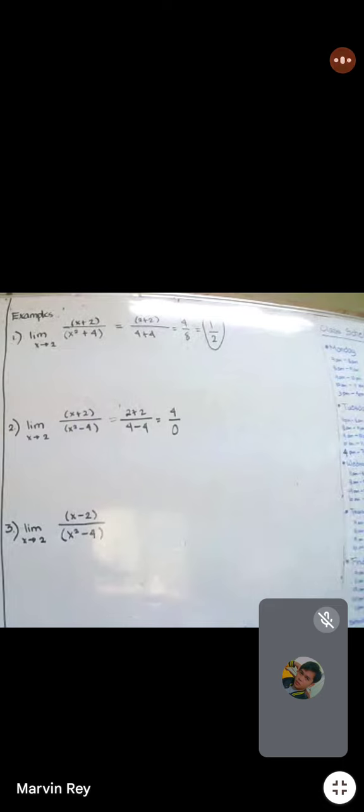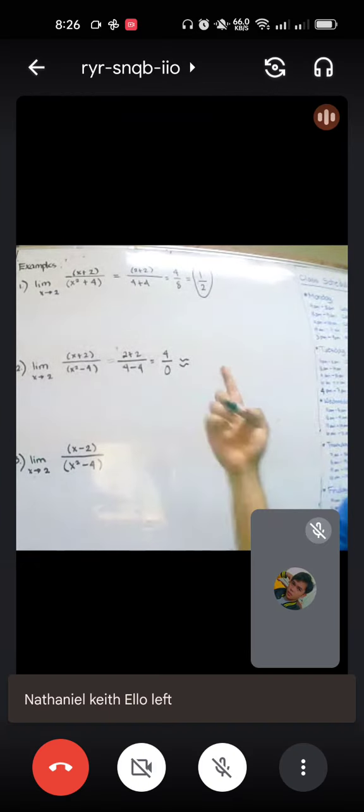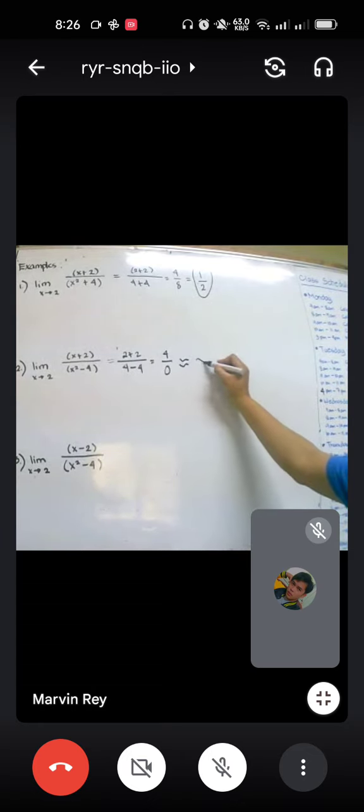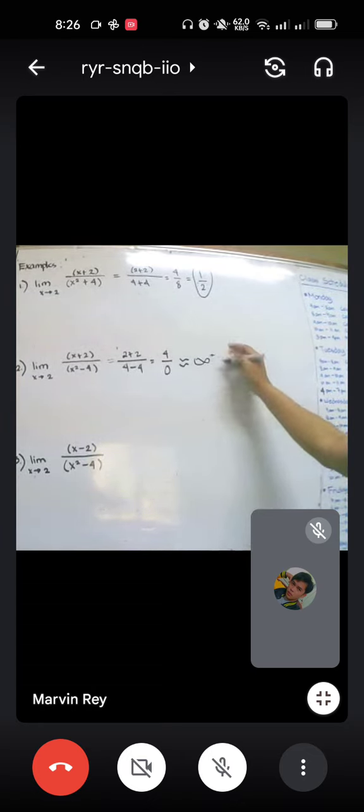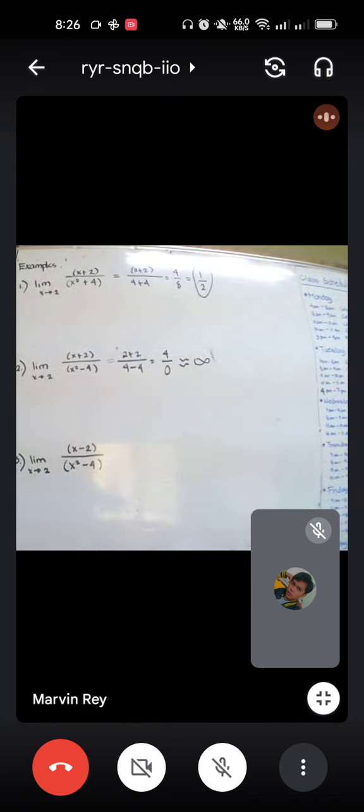So what is the value of that, guys? Infinite, 4 all over 0. Undefined. So 4 divided by 0, a large number, is just equal to infinity. The totally undefined one is 0 all over 0.